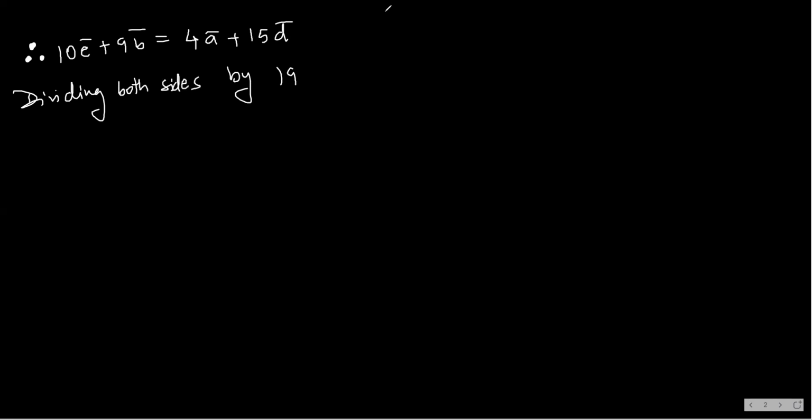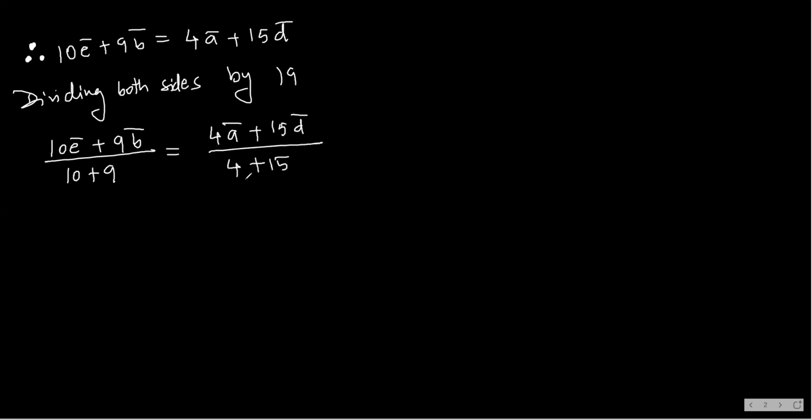So see, I get here 10 E bar plus 9 B bar upon 19. Can I write 19 as 10 plus 9? And here 4A bar plus 15 D bar upon 19. Can I write it as 4 plus 15? Yes.